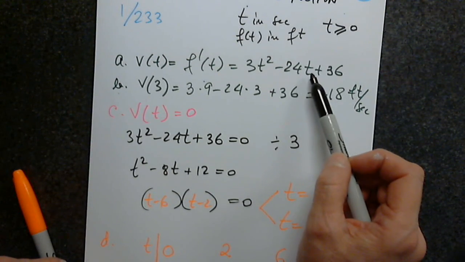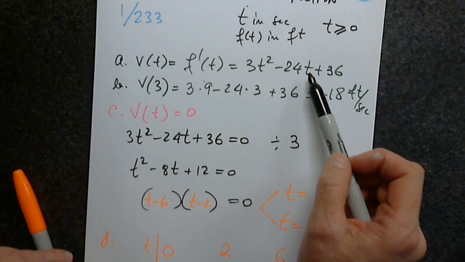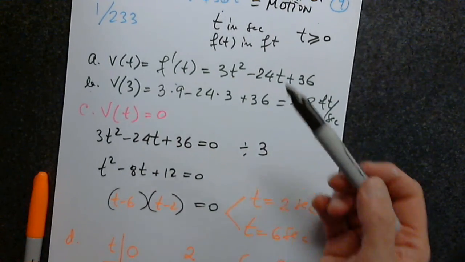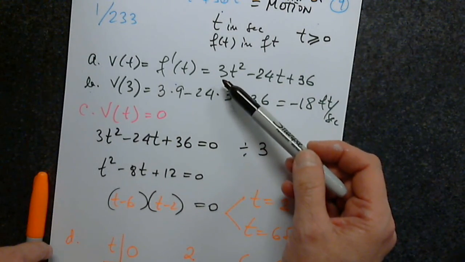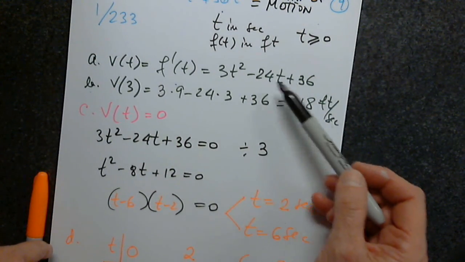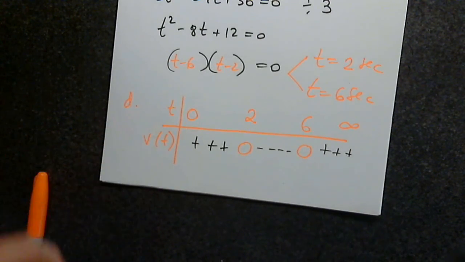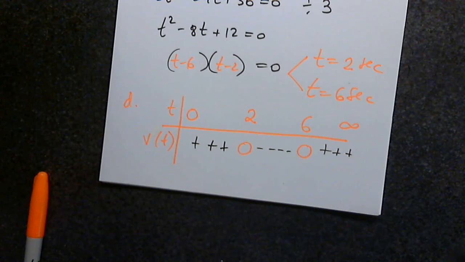But negative 24 times 3 is more than 63, so this is indeed negative. And what if I plug in 10? This is 300 minus 240 plus 36, obviously positive. Now we know the particle is moving in the positive direction whenever its velocity is positive, and in the negative direction whenever its derivative is negative.